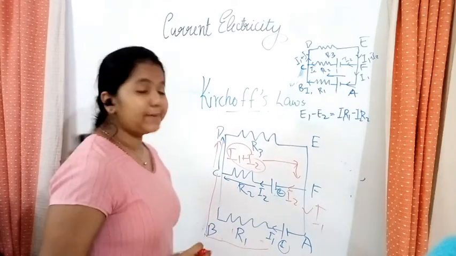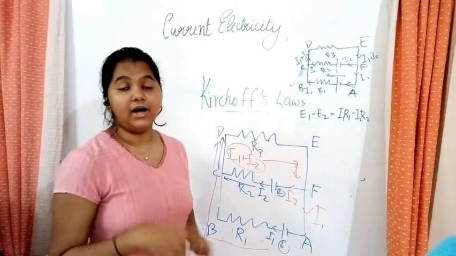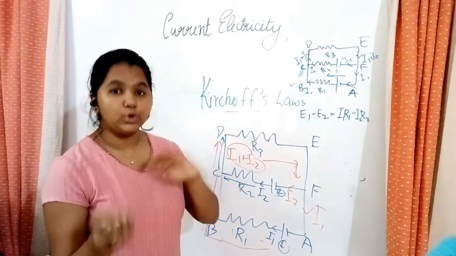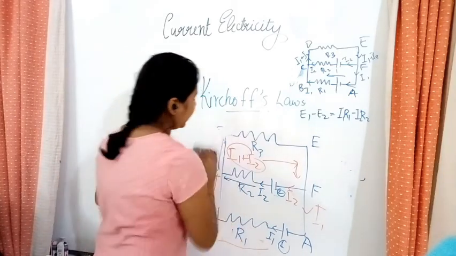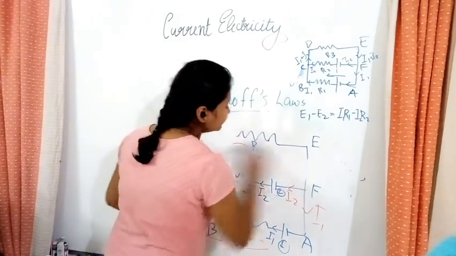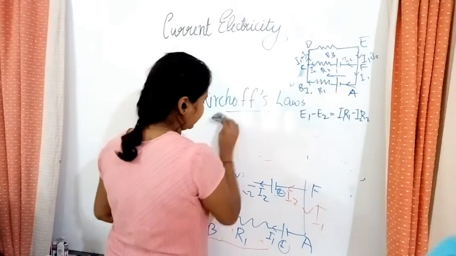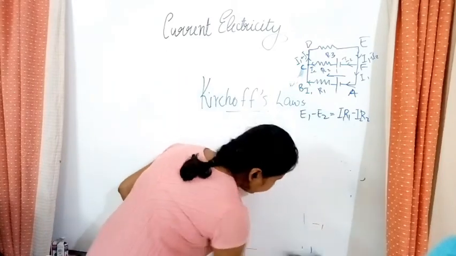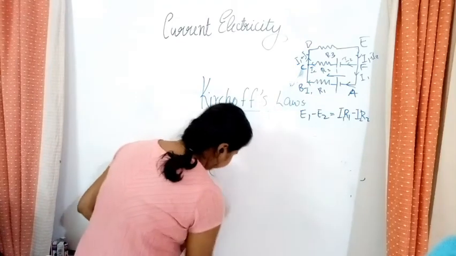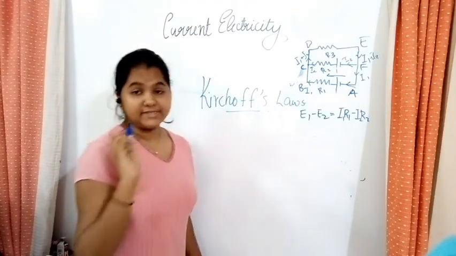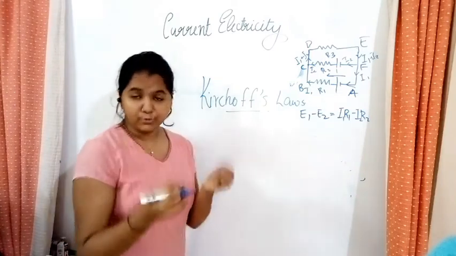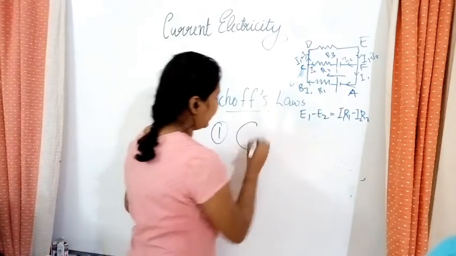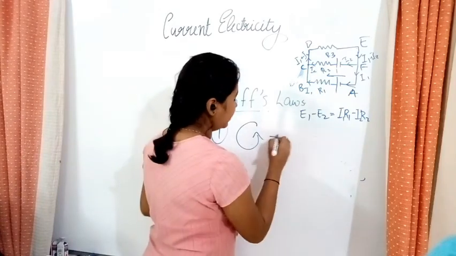Now let's see some sign conventions which are important for writing the equation. What is a sign convention? How do you decide which one is positive and which is negative? I'll show you. The first rule is, if the current is in the anti-clockwise direction, it is positive.